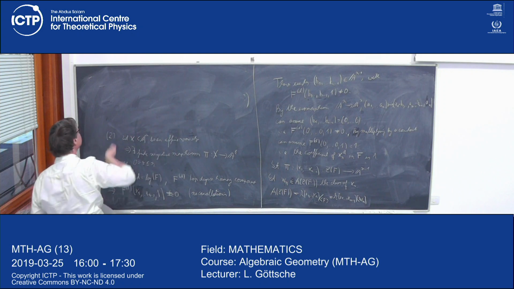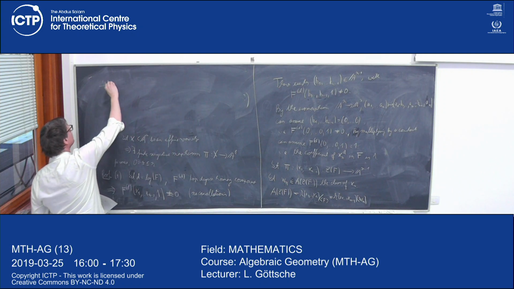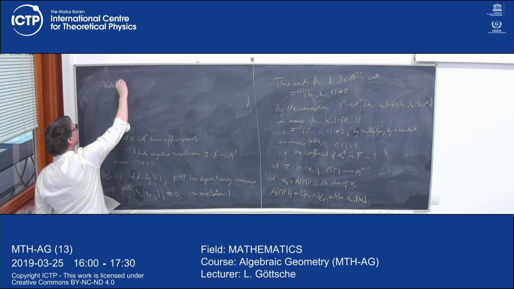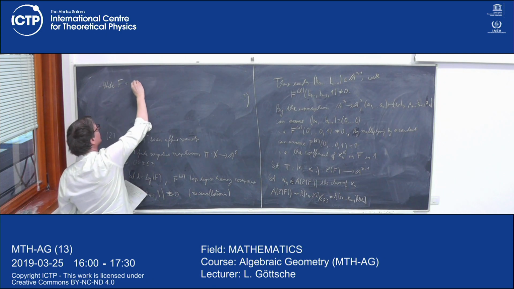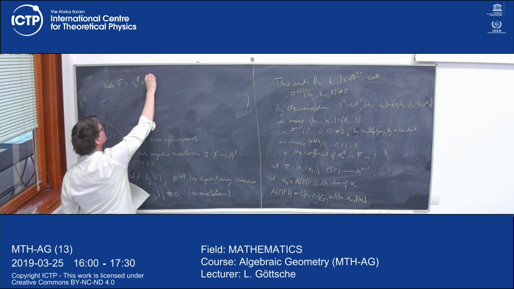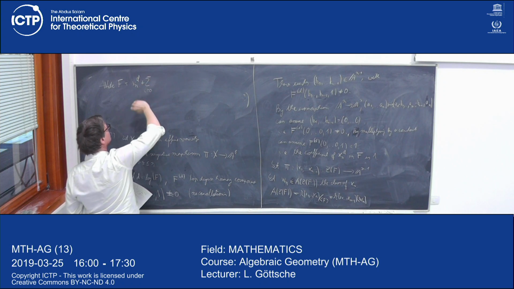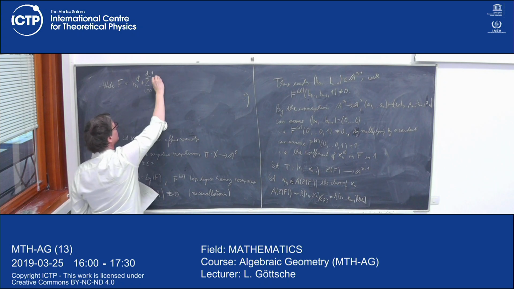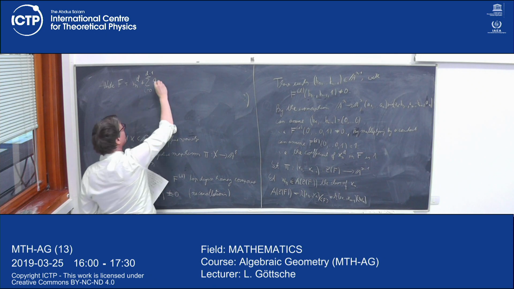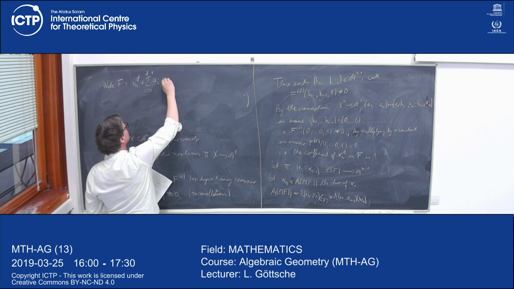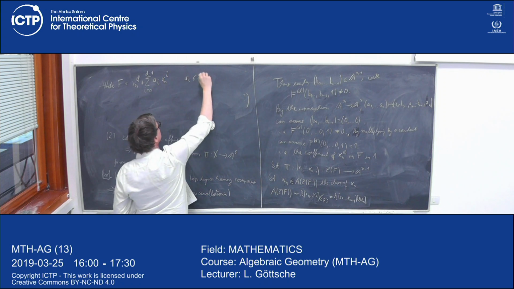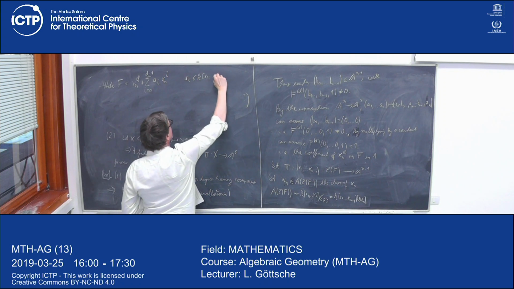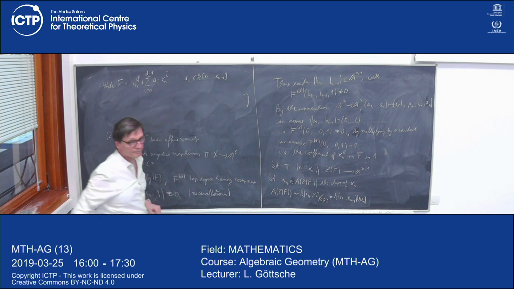We write f as xn to the d plus the sum for i equals 0 to d minus 1 of a_i xn to the i, where the a_i are polynomials in k[x1 to xn minus 1].